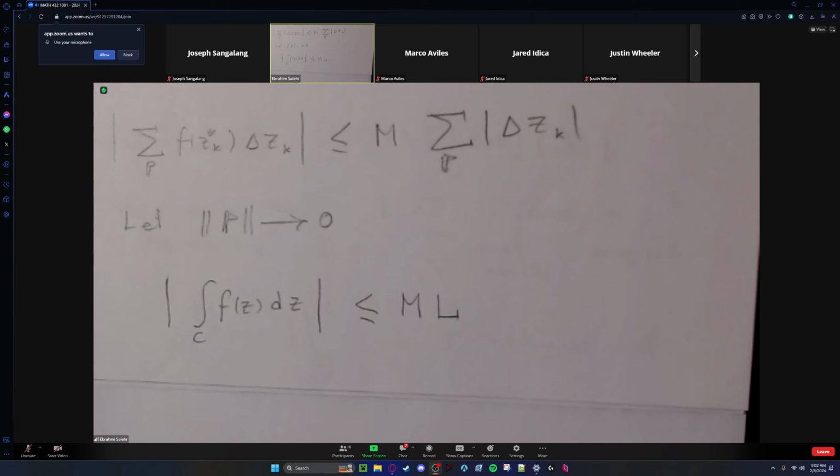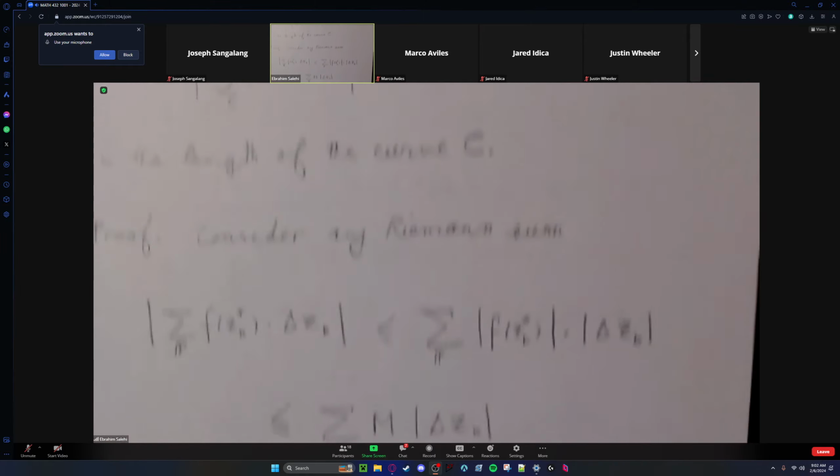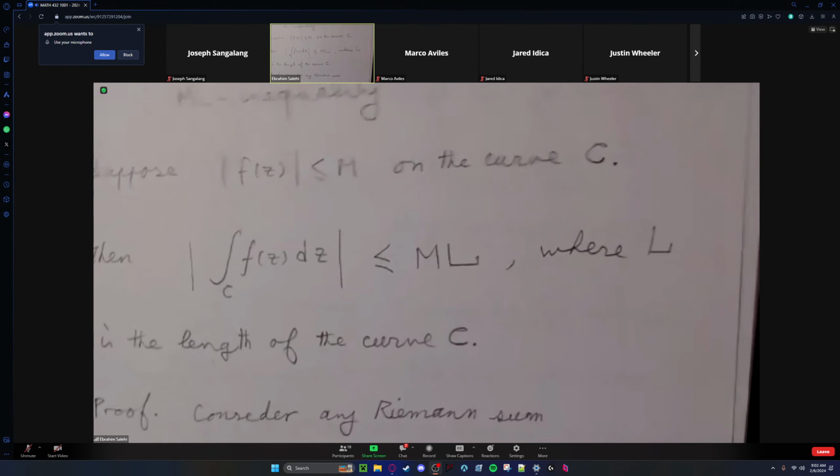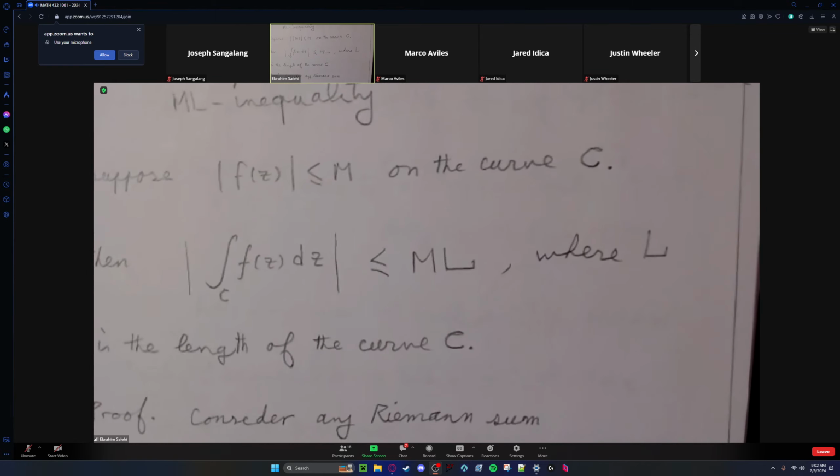Okay, now I'm going to give you an example in which we are using the ML inequality.